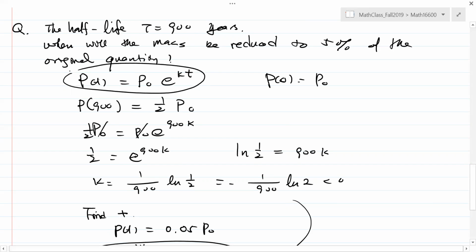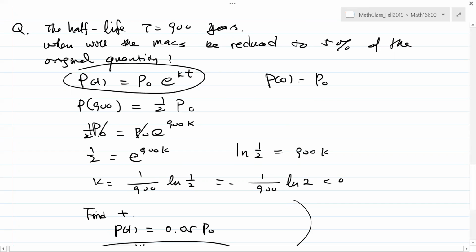You have to say, here's the formula I'm going to use, put on the very top. Then if you already know the formula, what's the relation between K and half-life, you just write down that. It's okay. But if you don't remember the formula between the half-life and the K, then you have to derive it by yourself.